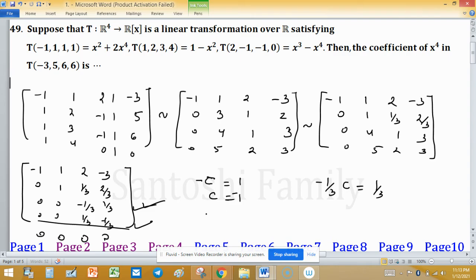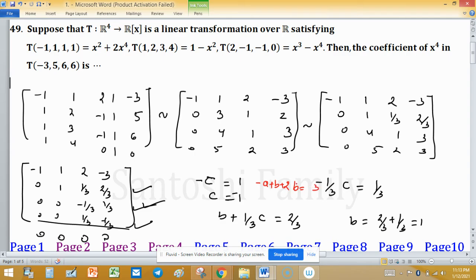Now put this in R2: B + (1/3)C = 2/3. Putting C = -1, it becomes -1/3, so B = 2/3 + 1/3 = 1. From R1: -A + B + 2C = -3.